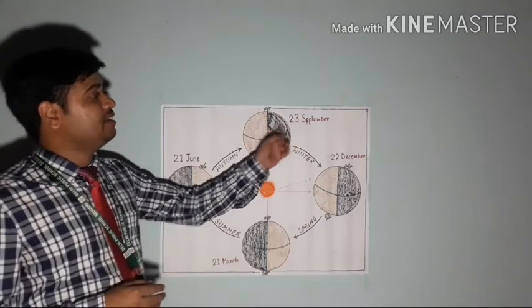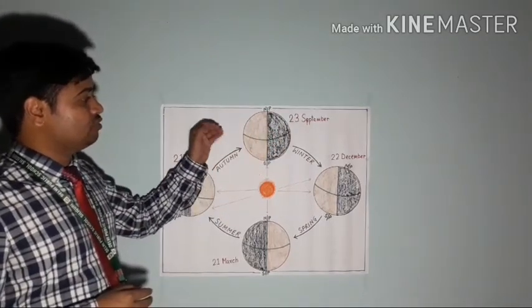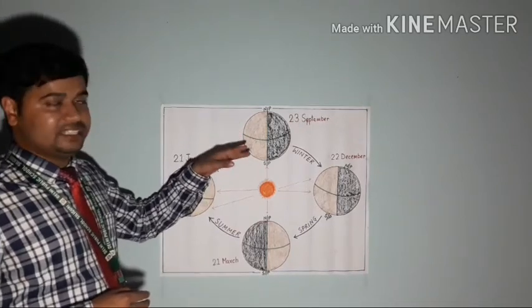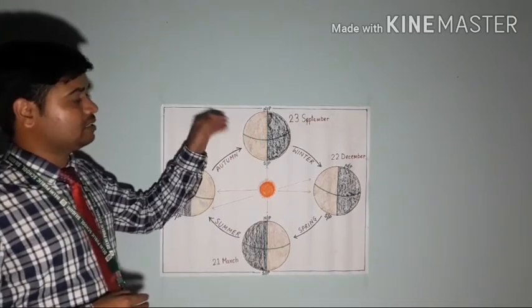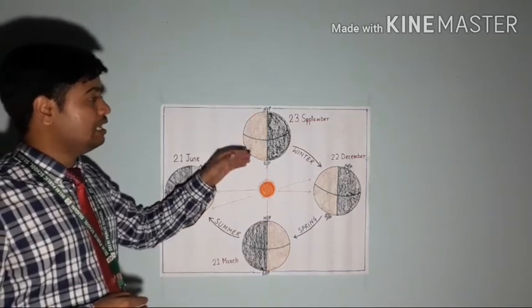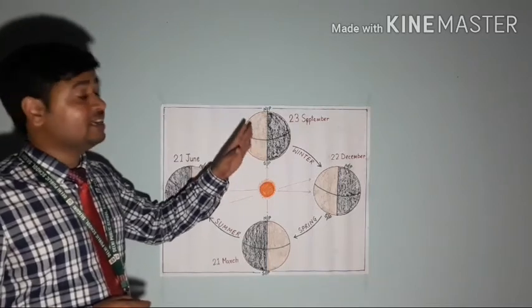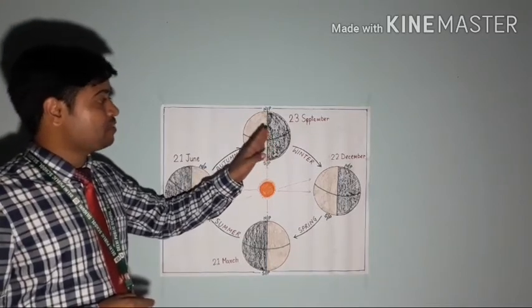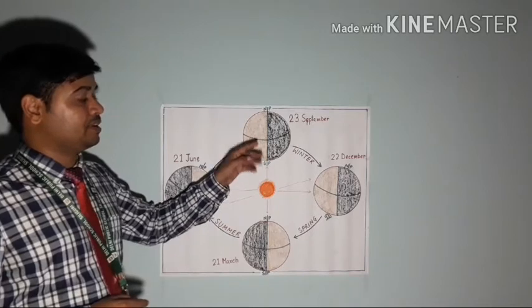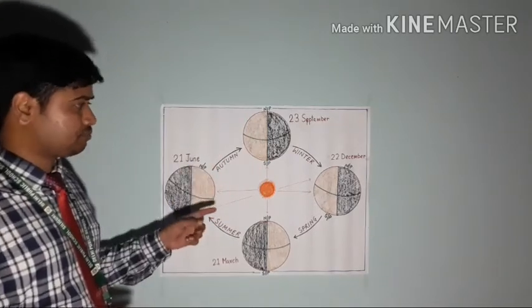And on 23rd September, sun rays fall directly over the equator. As you know, the equator divides the earth into equal halves, north pole and south pole. That's why the length of day and night is the same in both hemispheres, and it is called autumnal equinox.